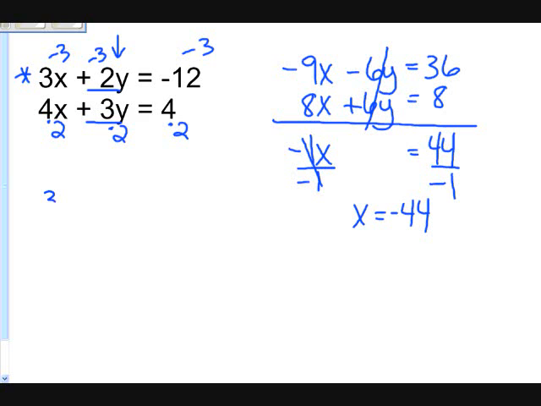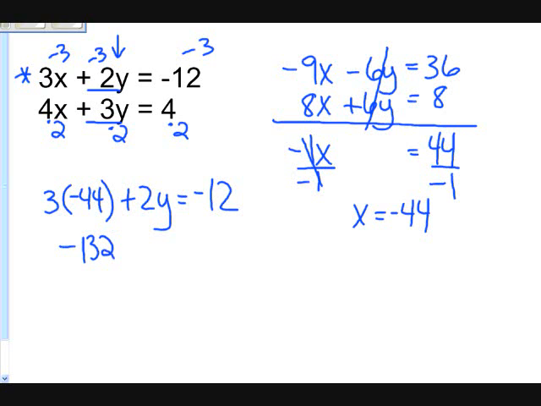So we're going to go 3 parentheses, negative 44, substitute that in for x, plus 2y is equal to negative 12. Multiply those two together, and we have a negative 132 plus 2y is equal to negative 12.